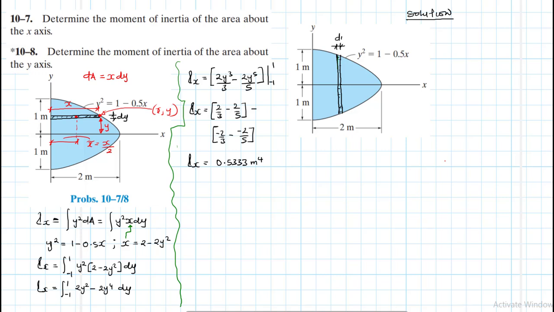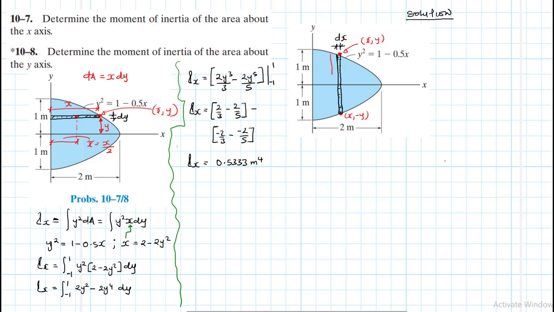So that is going to be our dx, as the thickness is dx. And then we have these heights, where it is cutting the curve. This point here is x comma minus y. This point here is x comma y.